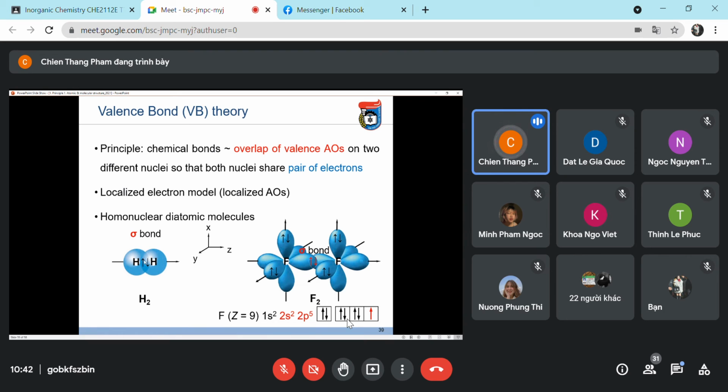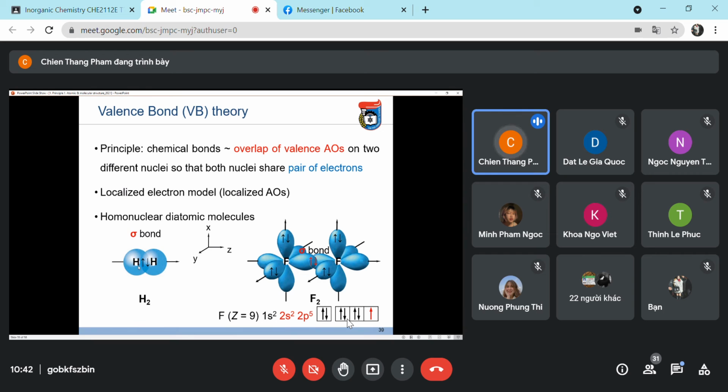It means that the one electron in the hydrogen atom is in the s orbital. Now when the two hydrogen atoms combine with each other, there will be an overlap between two 1s orbitals, and in the overlap region there is one pair of electrons.